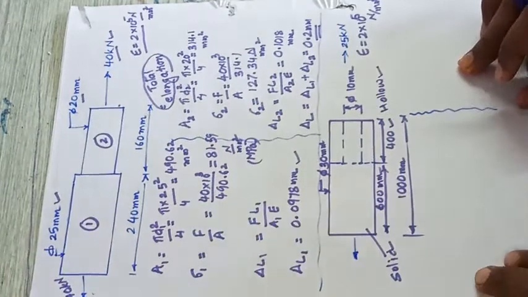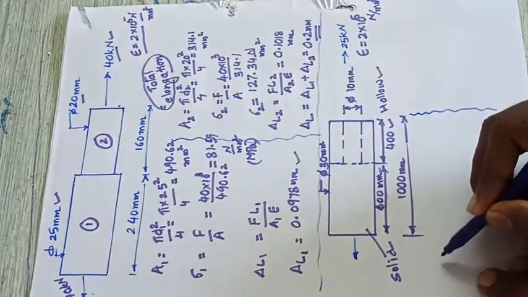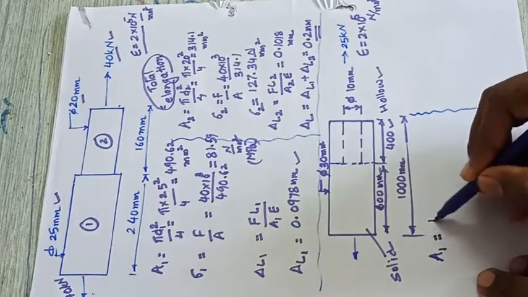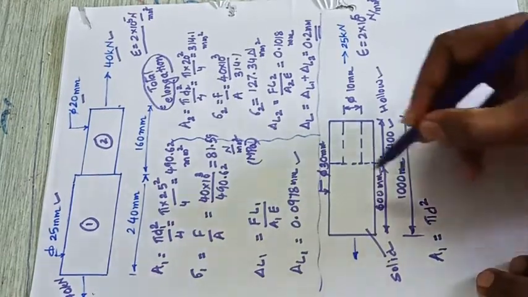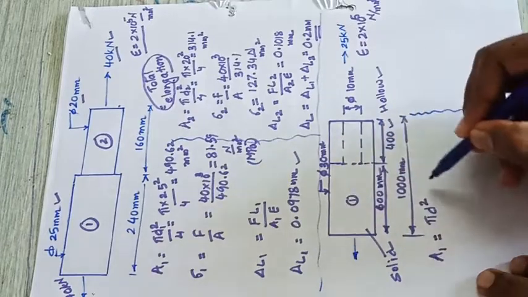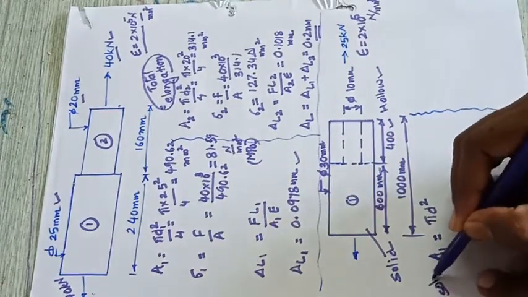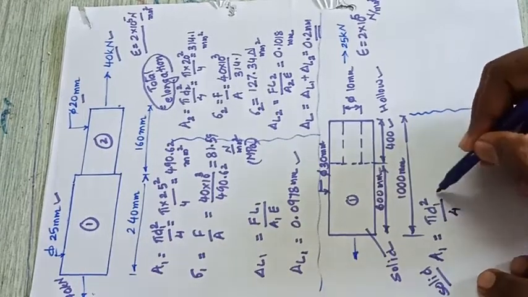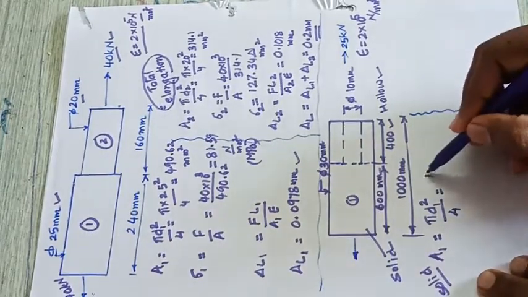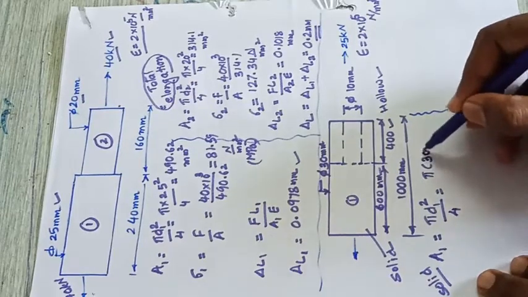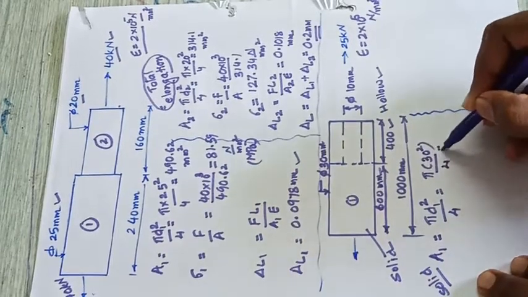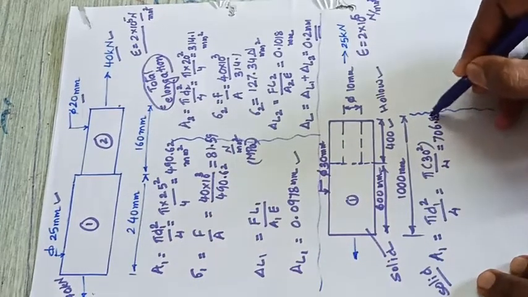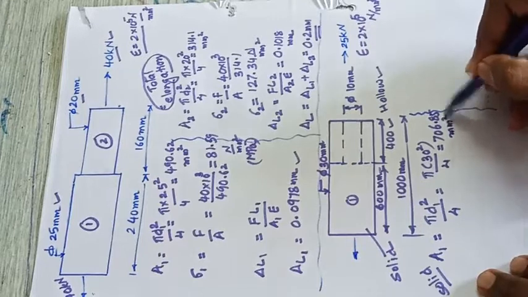So first we will find the area. A1, for the solid, is pi d1 square by 4, therefore the area is pi 30 square by 4. So area we have here as 706.85 mm square.